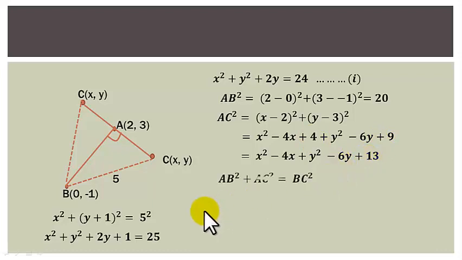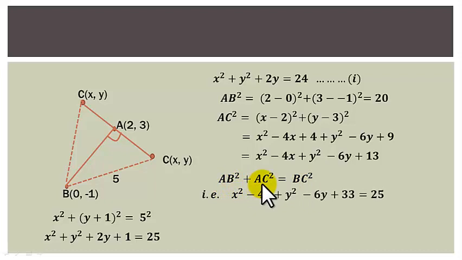Now, applying Pythagoras theorem to triangle ABC, we see that AB squared plus AC squared is equal to BC squared. We recall AB squared is 20. So when you put 20 here, plus the expression for AC squared, that should be equated to BC squared.